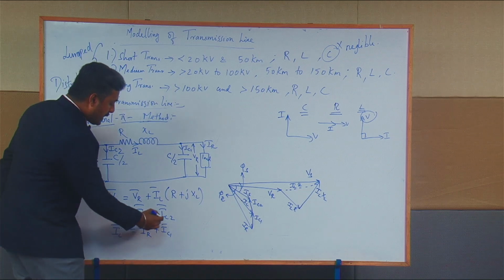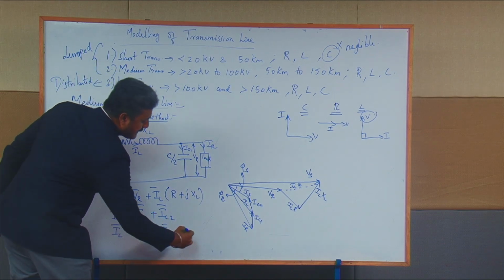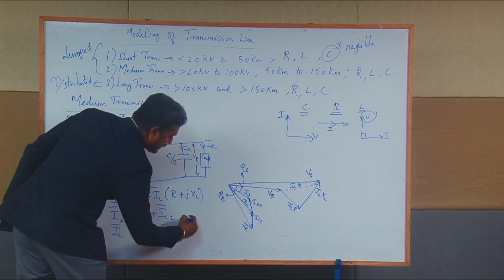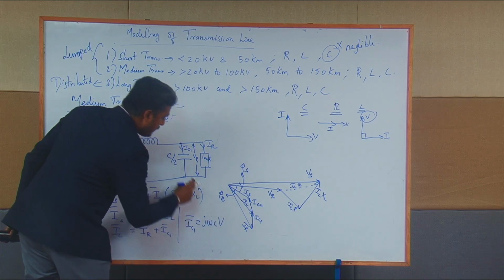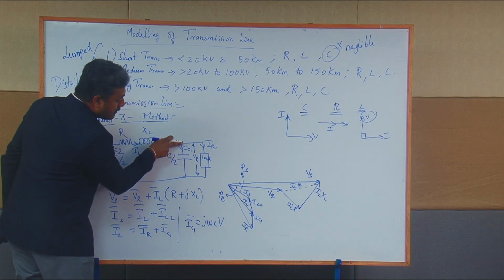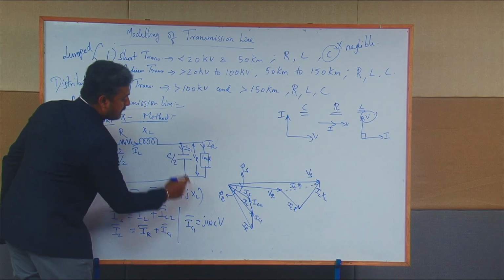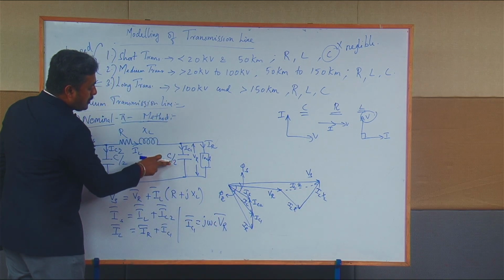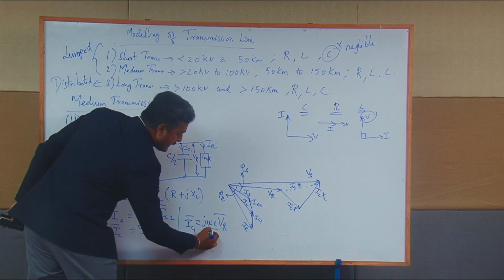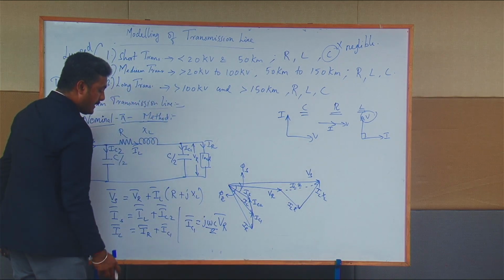And if you are going to find the value of the IC1 and IC2 vectors, the IC1 vector will be equal to j omega C into the voltage across this capacitance, VR. That is, IC1 vector equals j omega C by 2 into the VR vector.